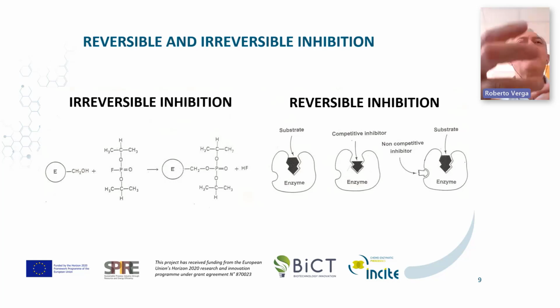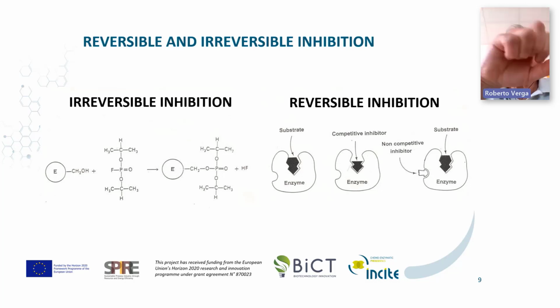When a person is killed by a nerve gas, the mechanism is this one: the acetylcholinesterase is blocked completely. This is different from the reversible case, where I can come back to the initial situation.